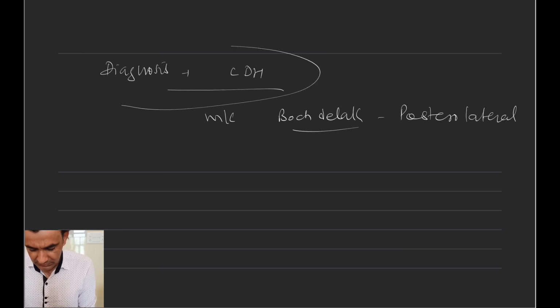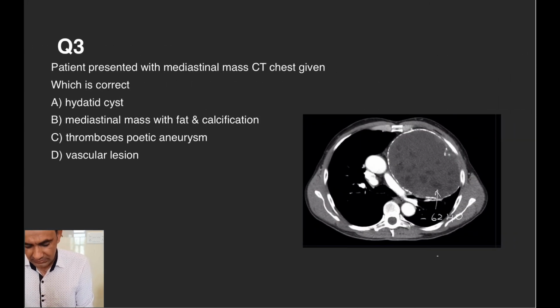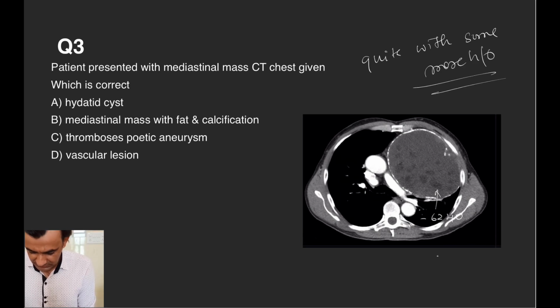Question number 3. Patient presented with mediastinal mass. CT chest is given, which is correct? The question was quite long with some more history, but the picture was this. Not exactly same, but the picture has a lesion of minus 60 Hounsfield unit.